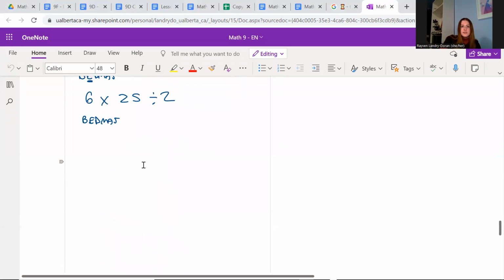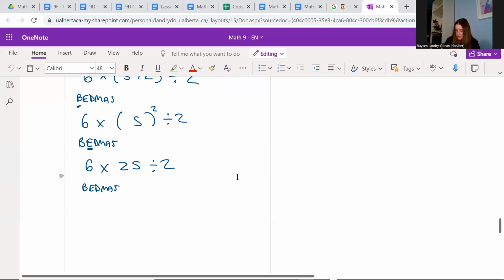So going back down to this question, we have multiplication and division. Because these are equal, we do them from left to right. And so I'll do 6 times 25. Does anyone know what 6 times 25 is? That's right, it's 150. Why?